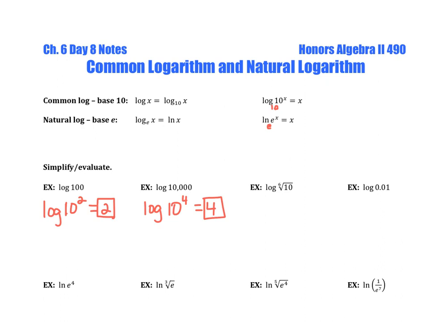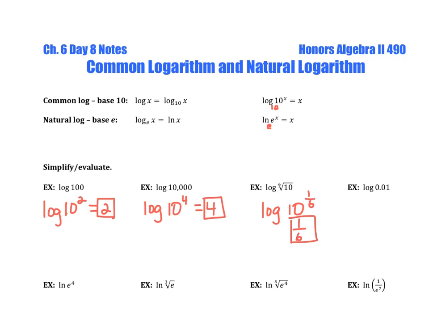In the next example, let's write this as log of, that's the 6th root of 10, which could be written as 10 to the 1/6. Again, the base that goes with the log, there's an implied base 10 right here. So that implied base 10 matches this base that goes with the exponent, so the answer is going to be my exponent. In this case, it would be 1/6.